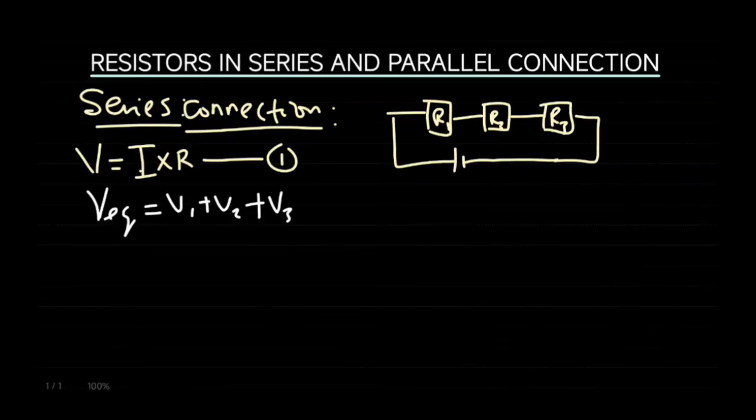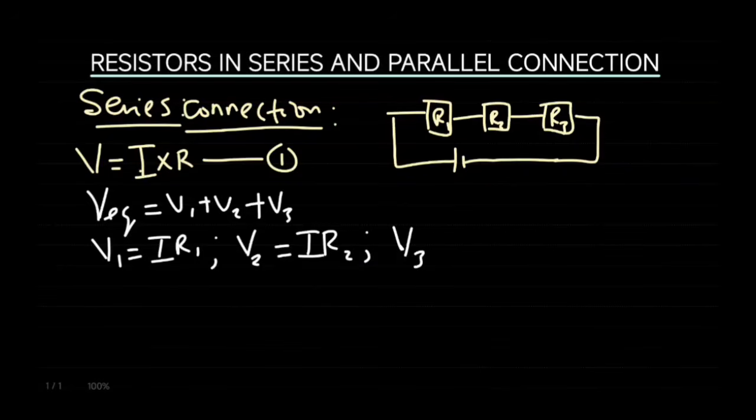Knowing this equation, recall that V is equal to I times R, which is the current times resistance. So I'm going to say V1 is equal to I R1. Recall that I, which is the current, is the same passing through resistors in series. And V2 is equal to I R2.